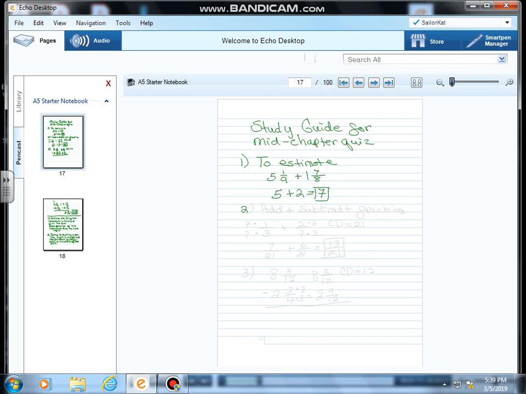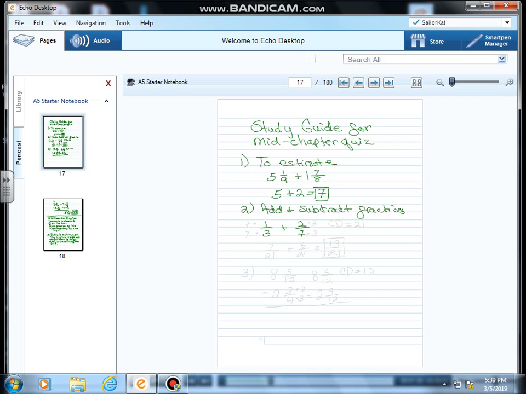The second thing you'll need to do is add and subtract fractions. Okay, for instance, if you have 1/3 plus 2/7, you need a common denominator.